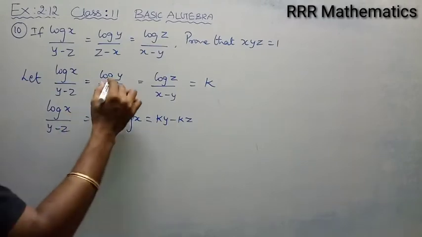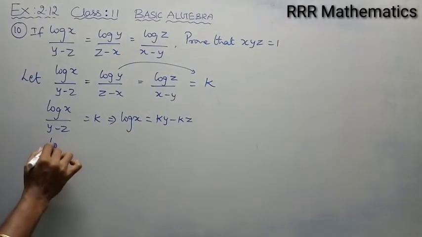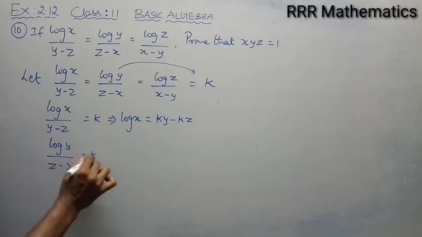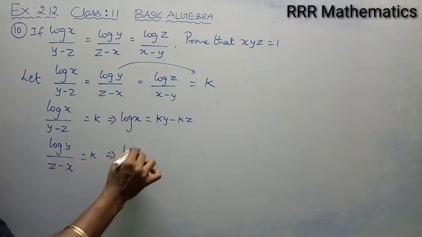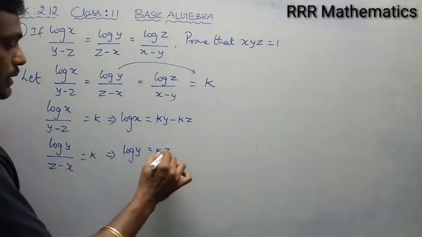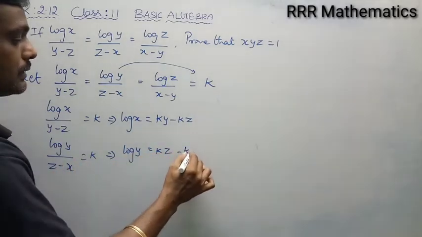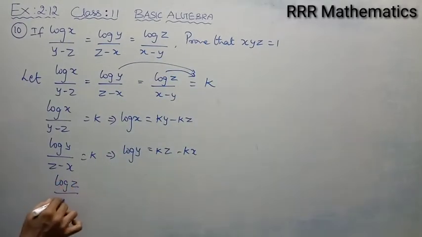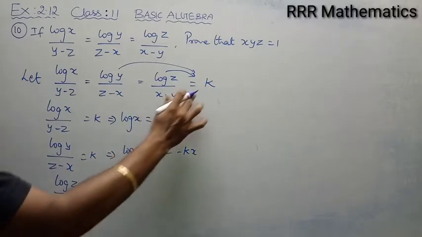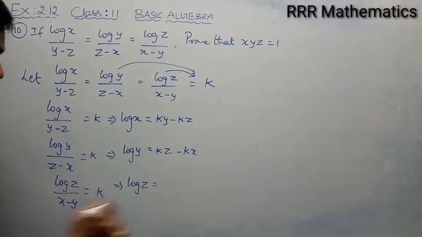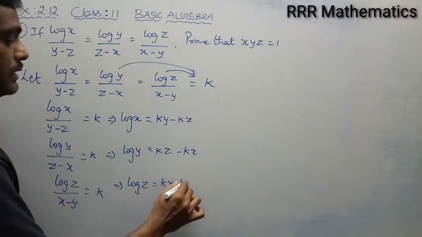Now equate these two. log y by z minus x, which is equal to k. This implies log y equal to cross multiply kz minus kx. Then I have the last one, log z divided by x minus y, which is equal to k. Log z, when you cross multiply, kx minus ky.